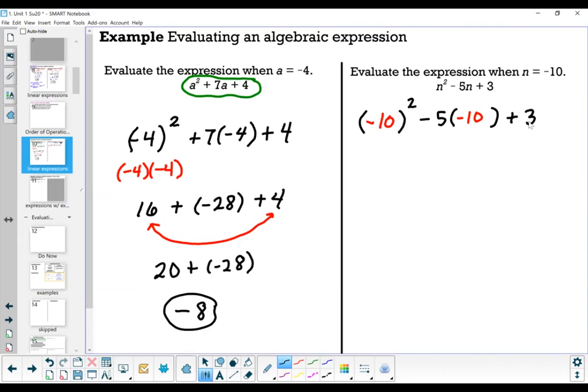Now my order of operations says evaluate the exponents first. So that's the negative 10. I'm squaring negative 10, which means negative 10 times negative 10. That gives me positive 100.